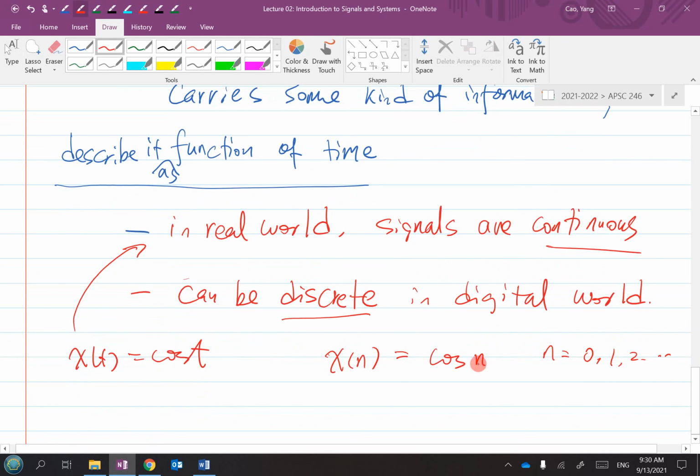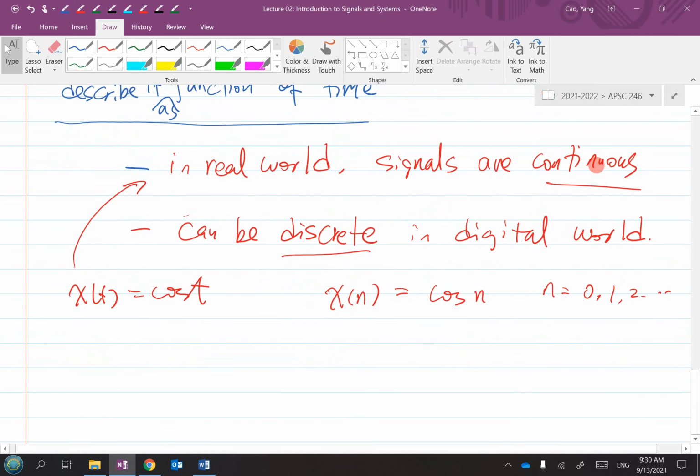When you plug 0, 1, 2 in, what you get out is a sequence of numbers. That's what we call discrete. There's a dedicated course on digital signal processing, so you will deal with all of this in your third year.